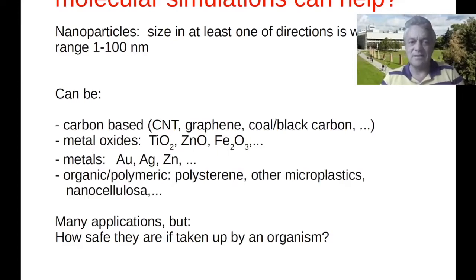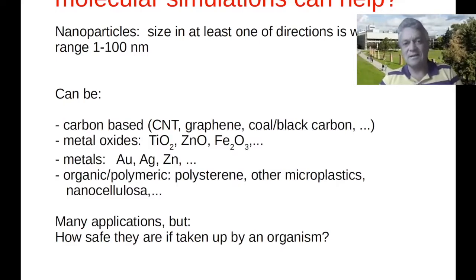Drug molecules can be put inside pores of nanoparticles, which are taken up by organisms, and the drugs are gradually released. And hopefully drug molecules do good things and treat some disease, but nanoparticles also should not be toxic at least.